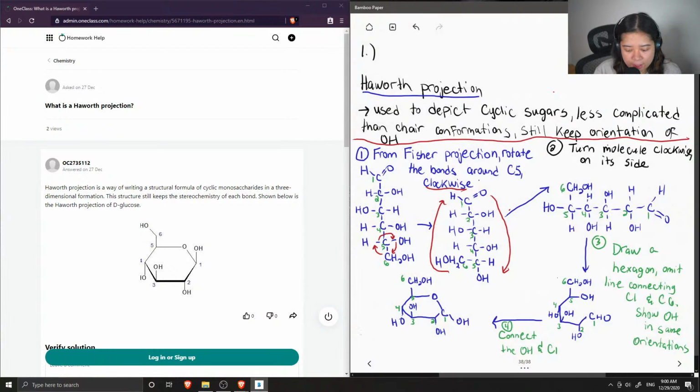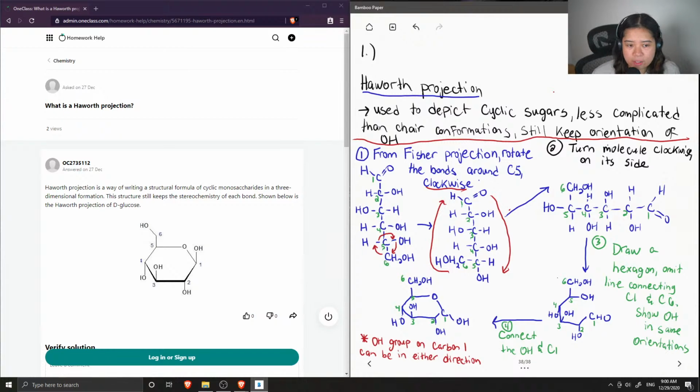So let me just add a little side note that the OH group on carbon 1 can be in either direction. Okay, so these are all the basic steps on how to convert a Fischer projection to a Haworth projection.